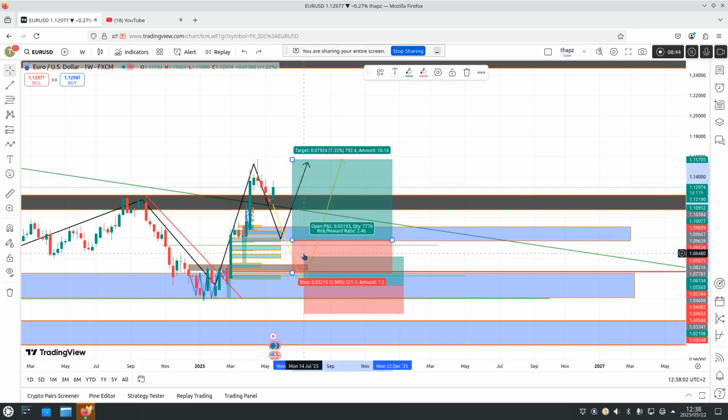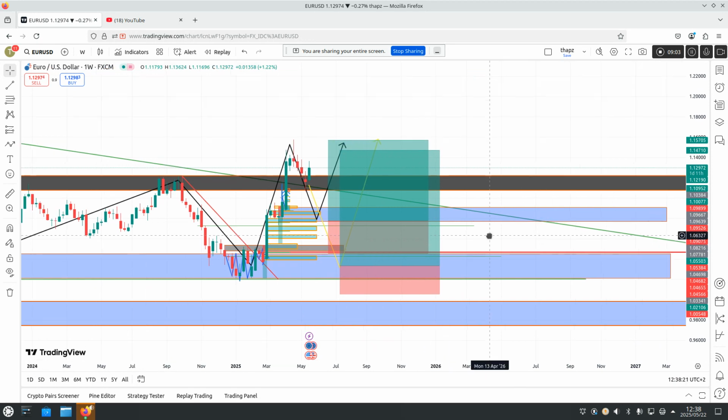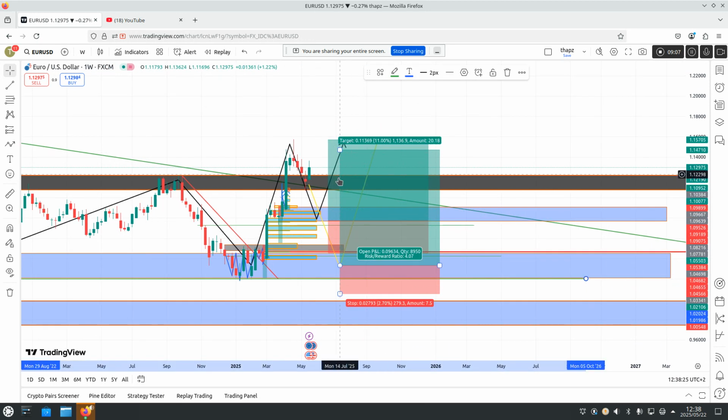So it's this one. We can put it there, put this one here. So we are only hunting for those kinds of trades.